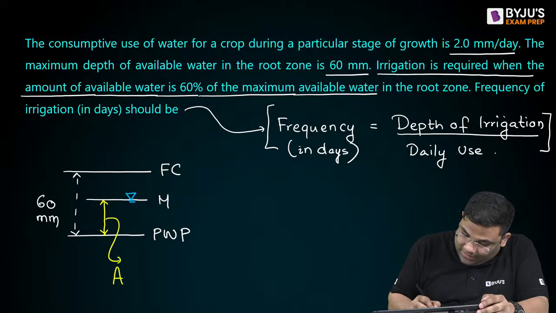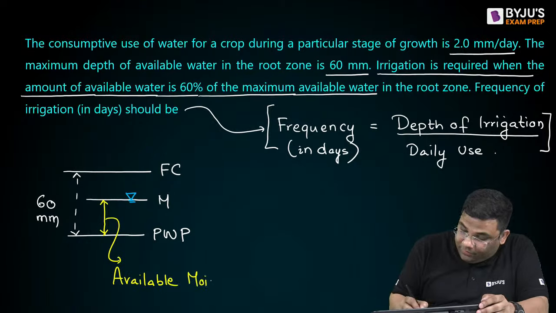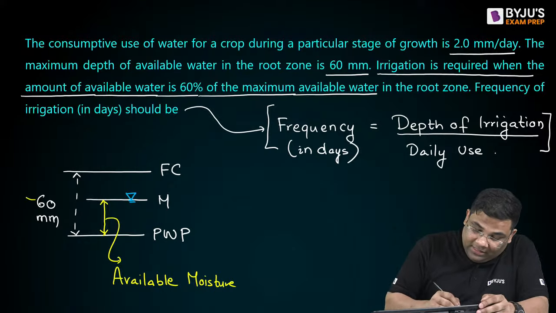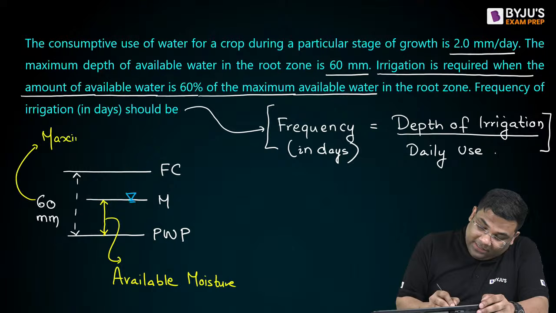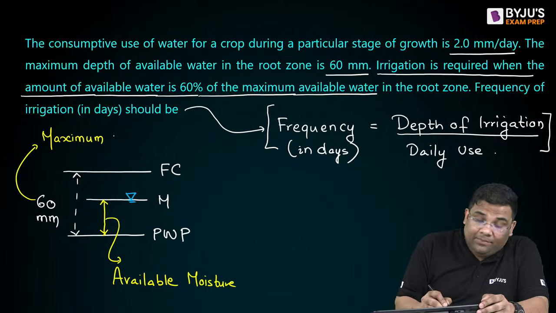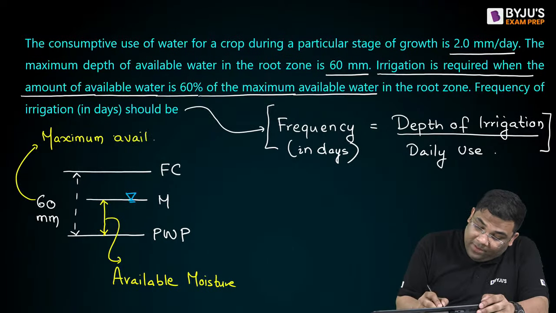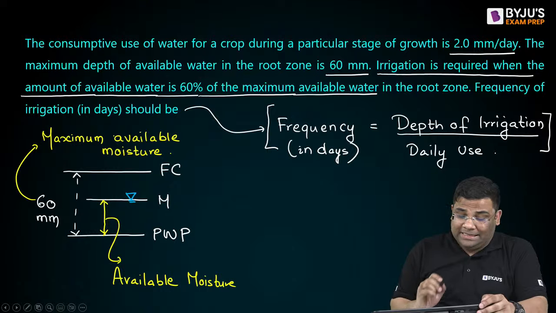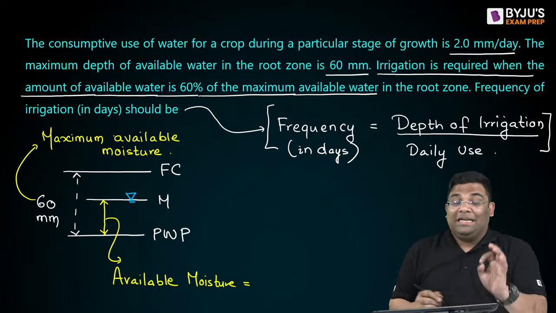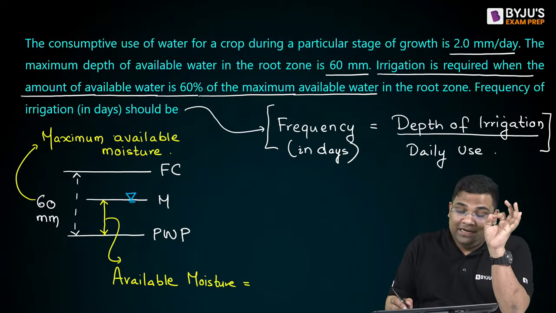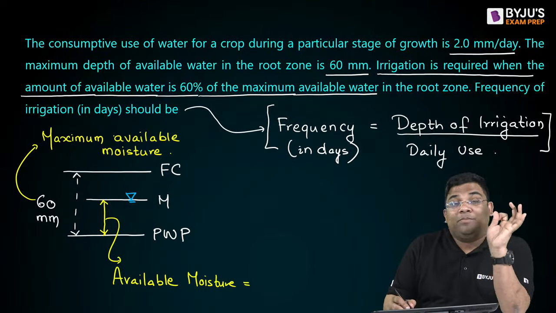And this one is the maximum available moisture. And this available moisture is written to be 60% of the maximum one.